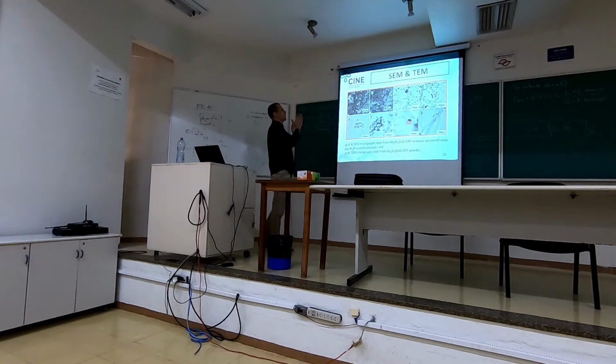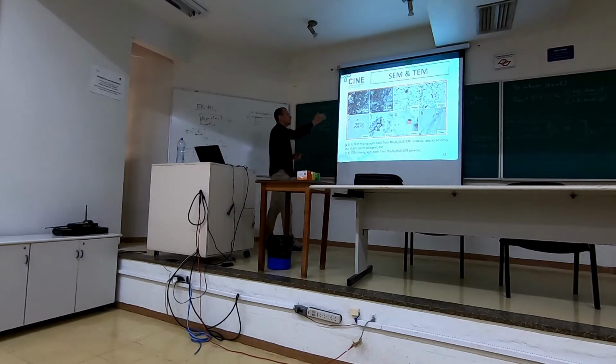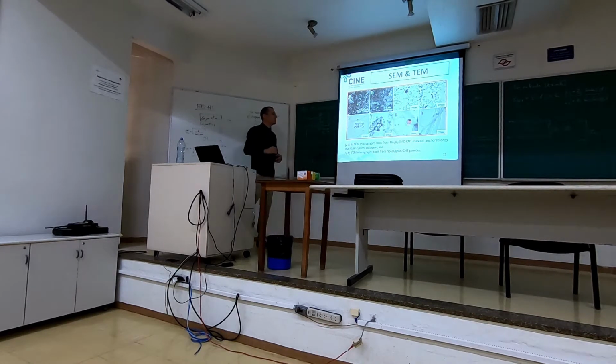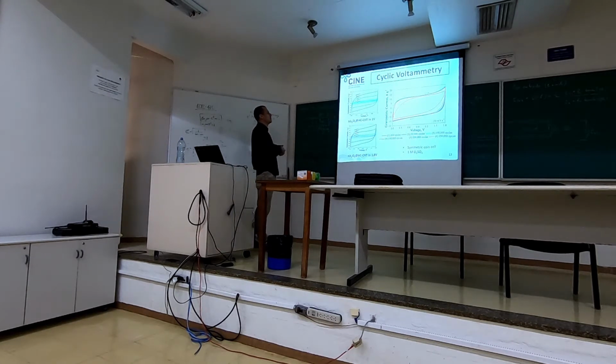Here we have the scanning electron microscope and transmission electron microscope. Figures A and B show scanning electron microscope images, and figures C to E show transmission electron microscope images. But to really understand the electrochemical response, we made the cyclic voltammetry and charge and discharge.